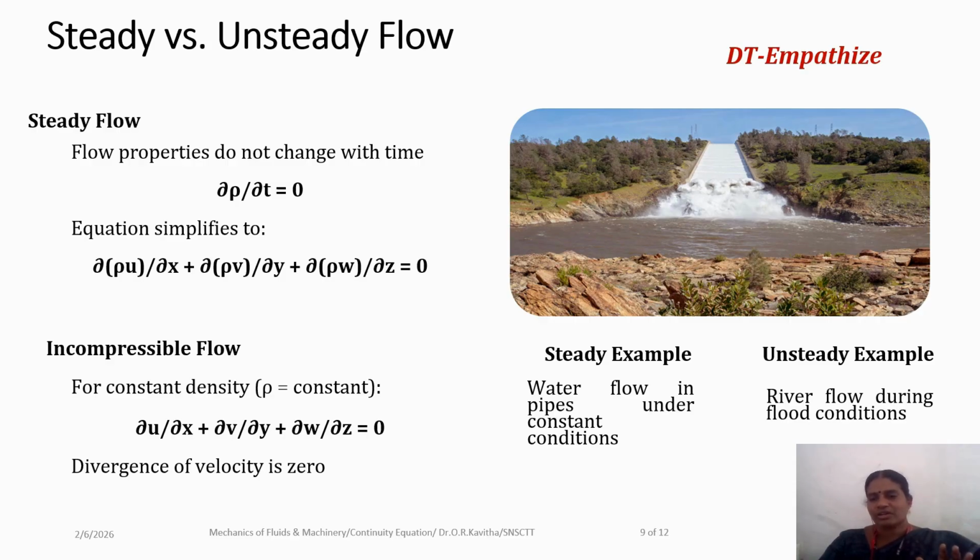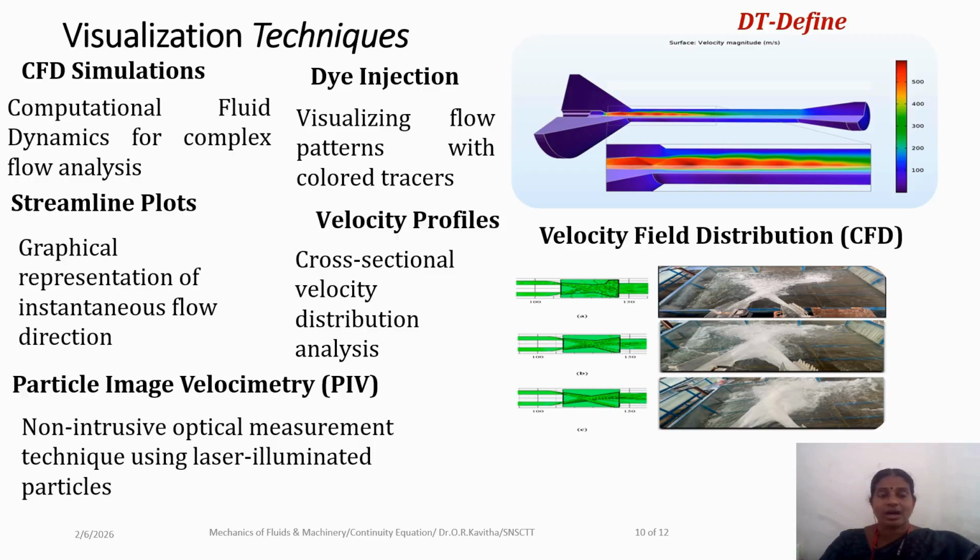Okay, now we will see the visualization techniques involved. In computational fluid dynamics for complex flow analysis, with some dye injection, you can see these patterns, which are the colored traces.